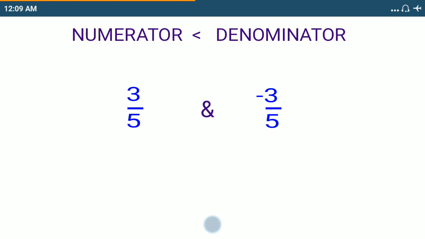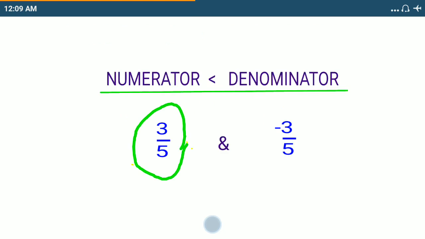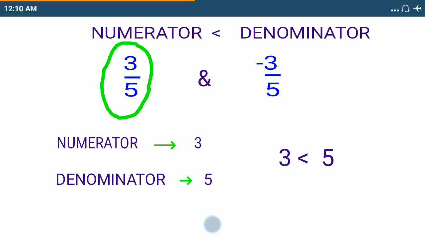First, we can see how we can plot 3 by 5. Students, here the numerator 3 is less than the denominator 5.